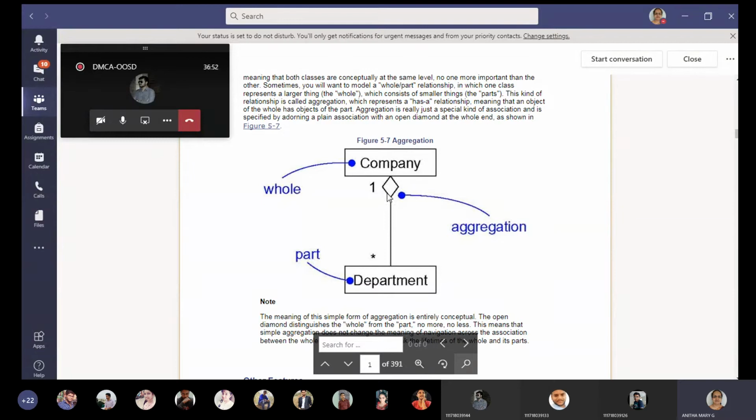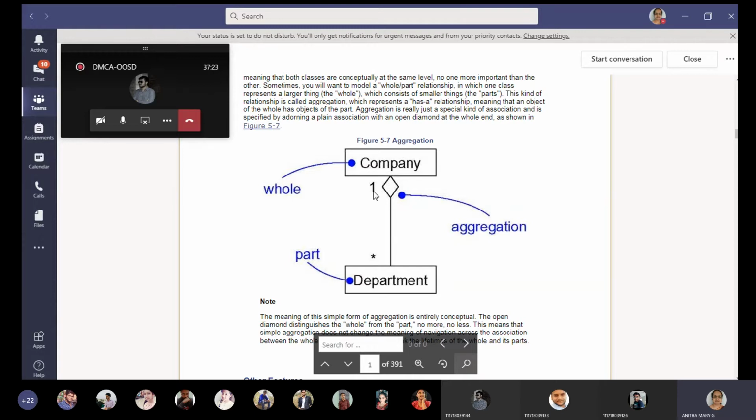Such prioritized parts of a whole can be given by using aggregation, and the diamond symbol should point towards the parent. Not only that, we can also give cardinalities. So many departments can belong to one company, many departments can belong to one college. Similarly, in our college PG, we have 5 departments belonging to one college. That's how we can describe aggregation.